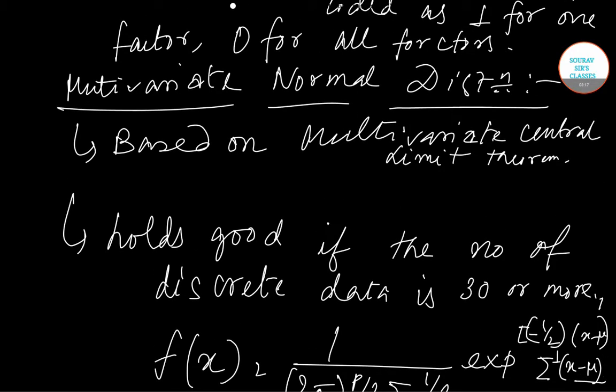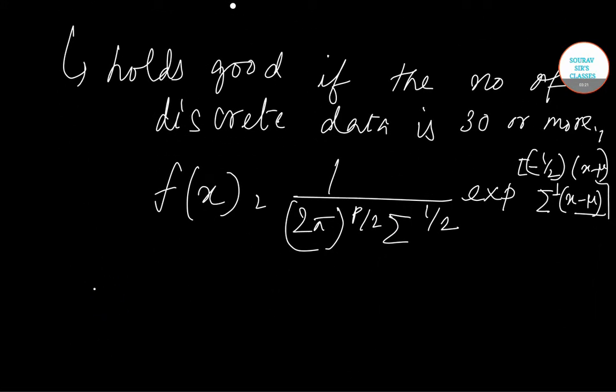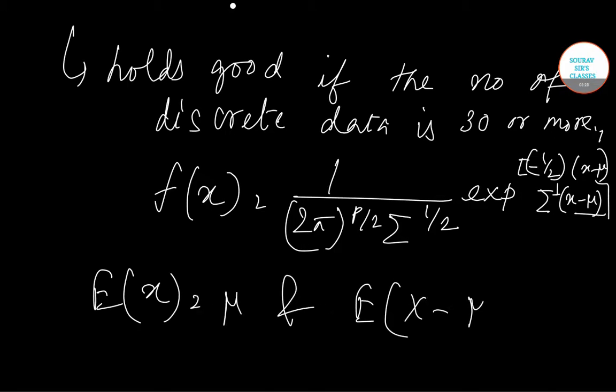Now, in this case, we can say that expectation of x is equal to mu and expectation of x minus mu multiplied by x minus mu complement is equal to capital sigma.